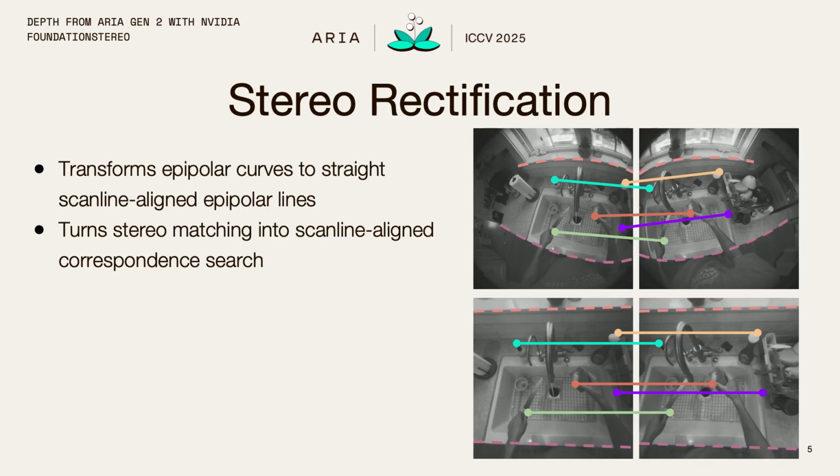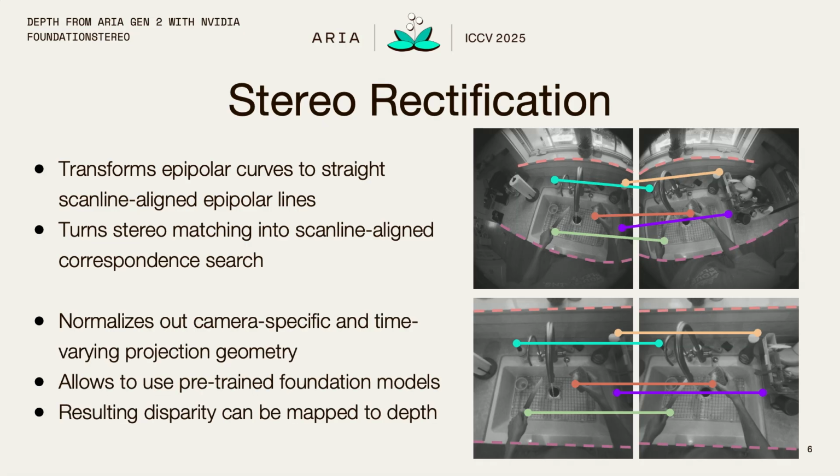Now, the second part is stereo rectification. If you're in the community, you know that rectification transforms epipolar curves to straight lines that are scanline aligned, which makes your reconstruction typically more efficient. Essentially, it turns stereo matching into a scanline aligned correspondence search. But more important in this case, rectification normalizes out any camera-specific and time-varying projection geometry.